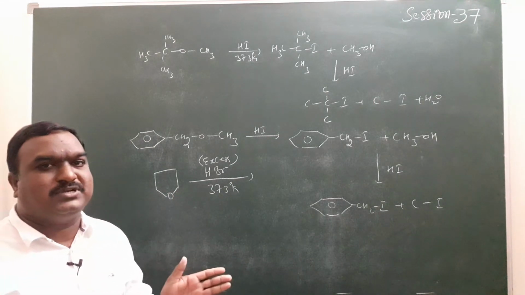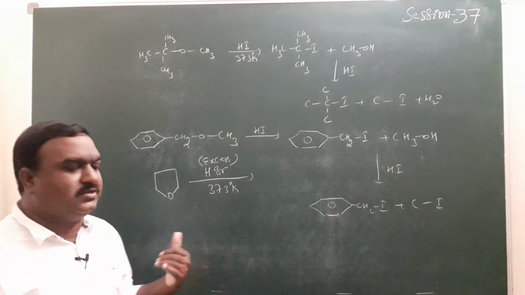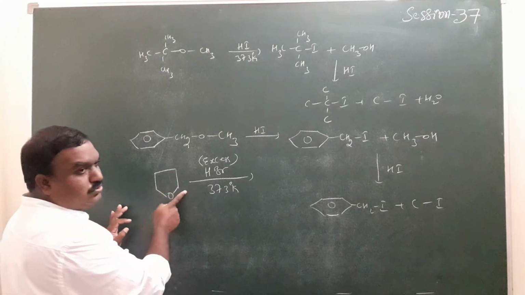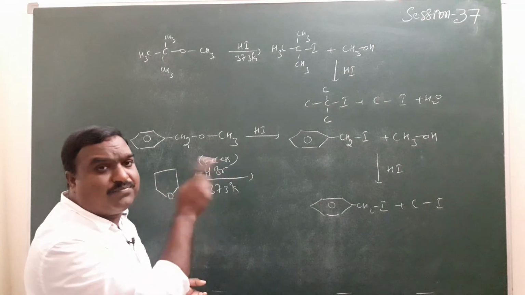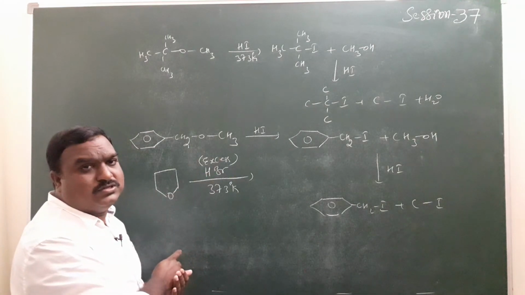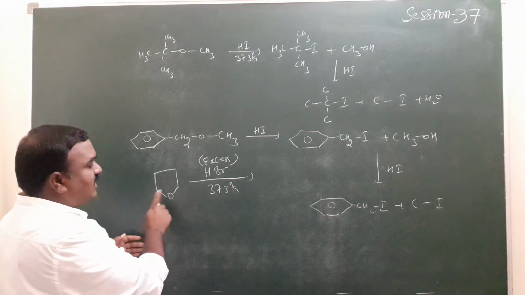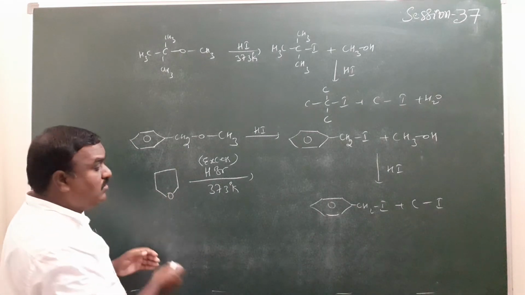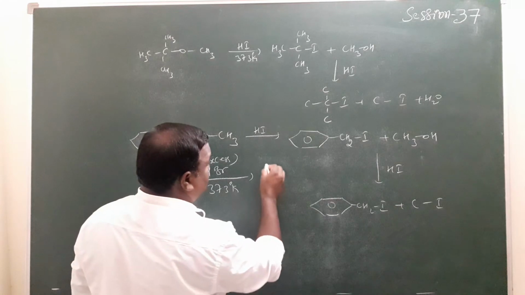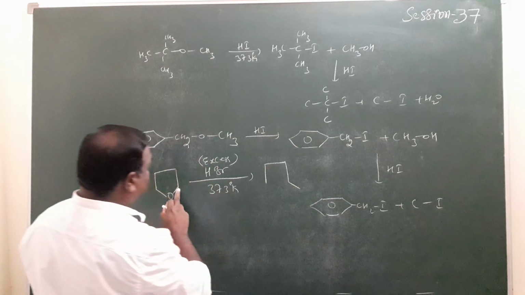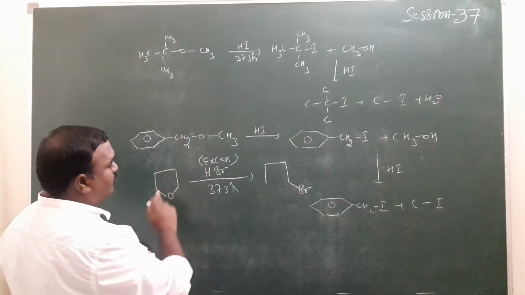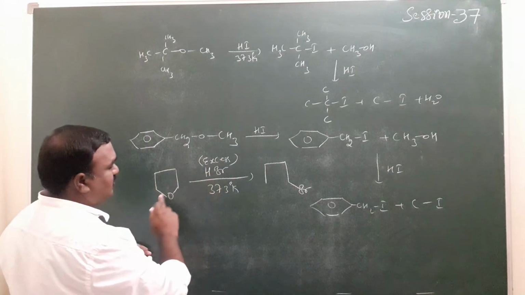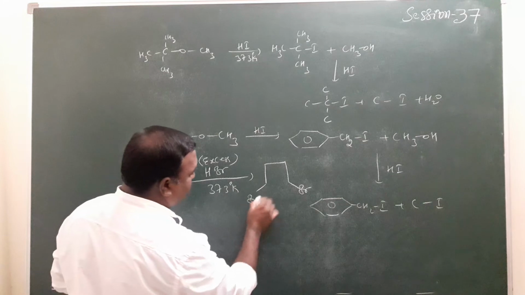Left side or right side doesn't matter because both have the same type of connectivity and nature. So it is a cyclic symmetric ether. So we get Br and OH. Since excess is given, the OH is again substituted by Br.